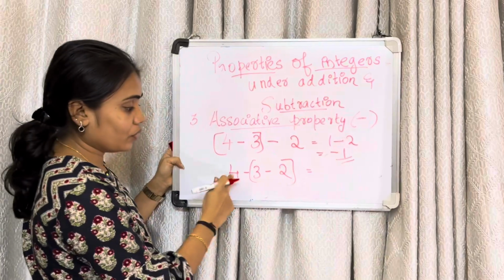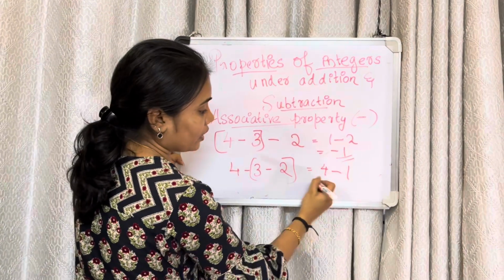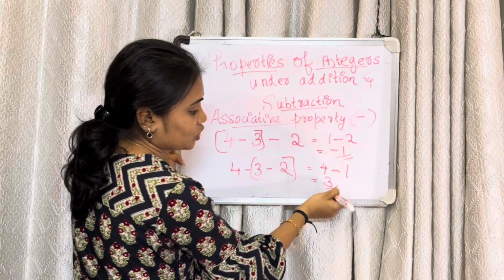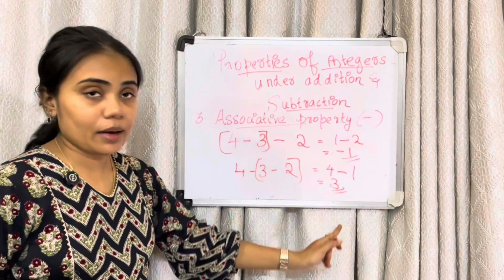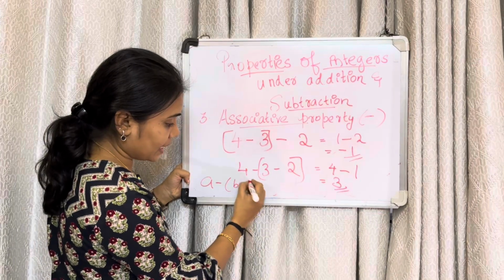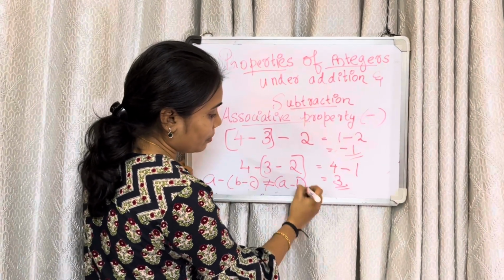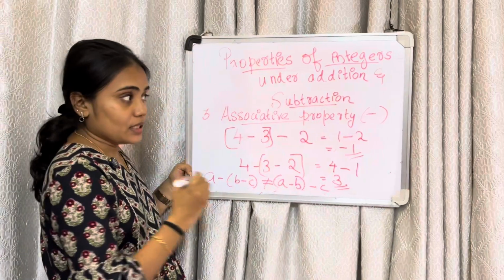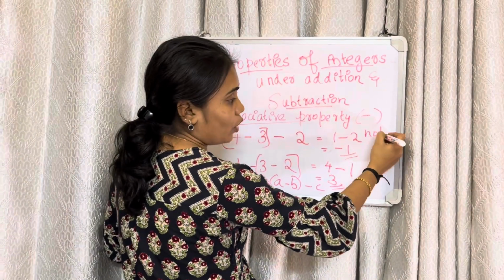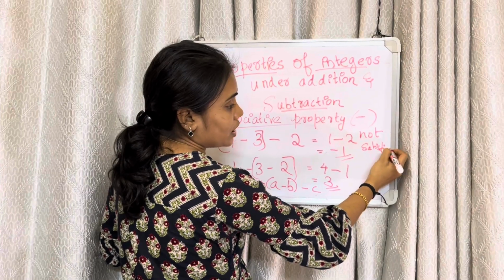What will I get? 4 minus 3 minus 2 is 4 minus 1, which is 3. Are both the same? No. Why? A minus B minus C is not equal to A minus B minus C with the brackets moved. So we can say that associative property of integers under subtraction is not satisfied.